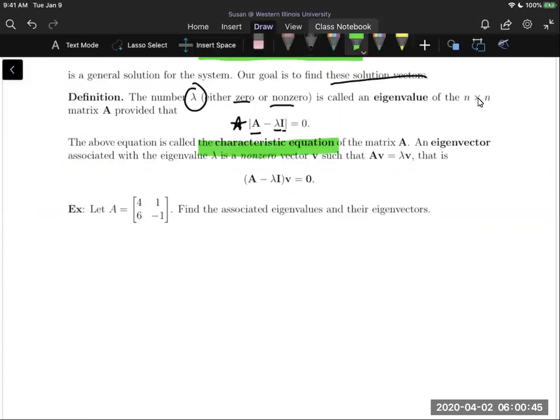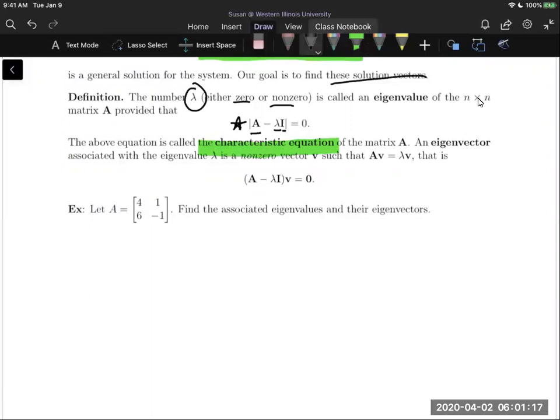Now, this is a term borrowed from linear algebra. However, we have seen the phrase characteristic equation in this class, and it's no coincidence. What we were doing in chapter 3 is we were setting up characteristic equations and solving for the roots, and we were using those to identify individual solutions for the differential equation. We're going to be doing the exact same thing here, only in vector form.